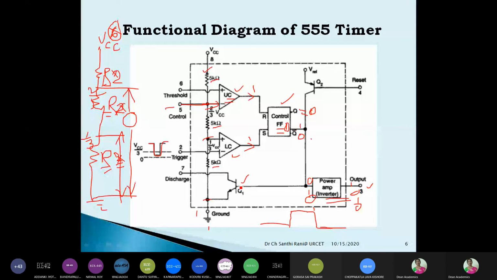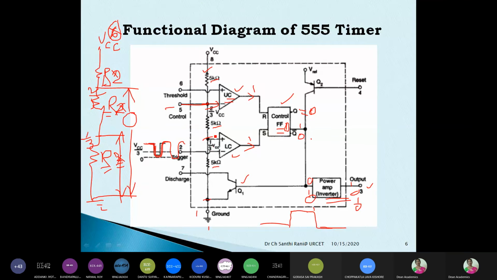This Q1 will be like a switch, closed switch or open switch. So what I want to say here is the trigger voltage is changing from 0, otherwise negative going now. So let us say from some maximum value to 0, and then it is increasing and decreasing like that. Because it is varying, the voltage across these resistors will also be changing.